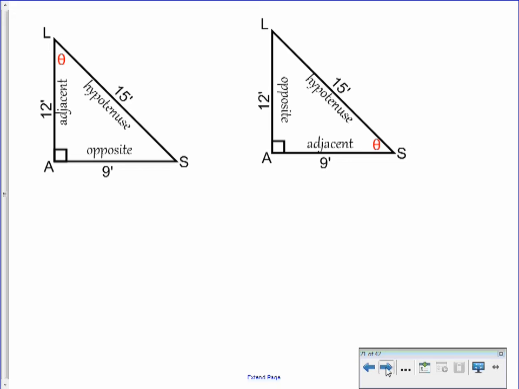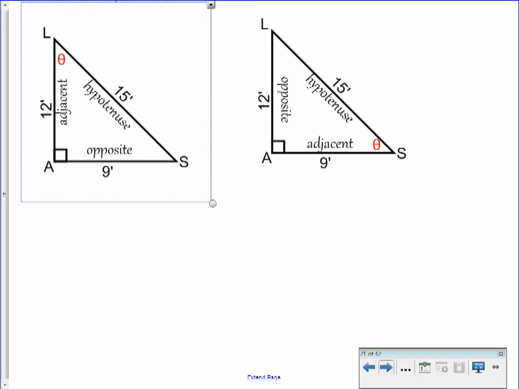So if this is my reference angle up here, of course my hypotenuse is always across from the 90-degree angle. What is opposite of this angle? The opposite is down here. The adjacent, of course, is the side right here. But notice, if I move my theta, now the opposite is over here.